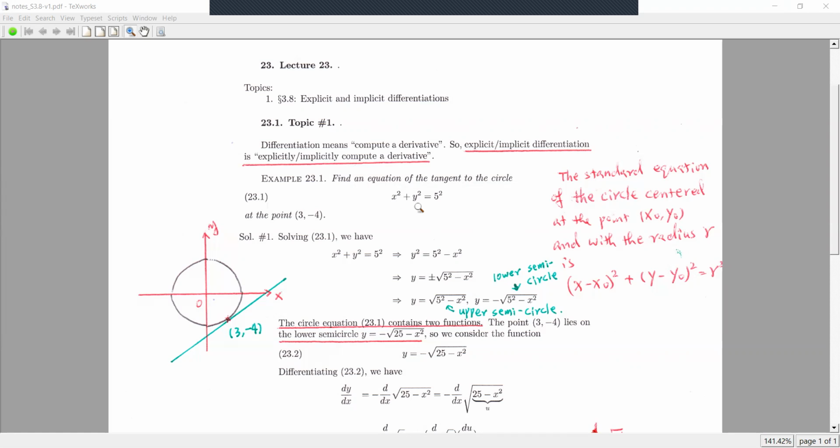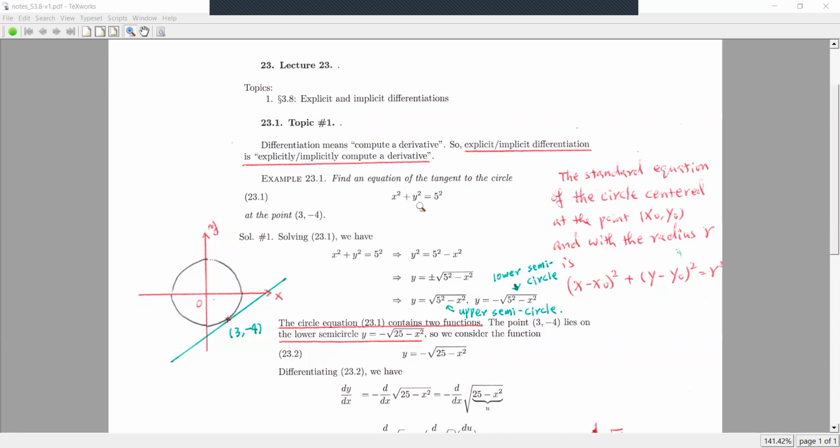Y is a function of x. It turns out that there is a second solution. In the second solution, to find the slope of a tangent line, we need to compute a derivative. To compute a derivative, we don't need a function. So we don't need to solve the given equation for the y variable.